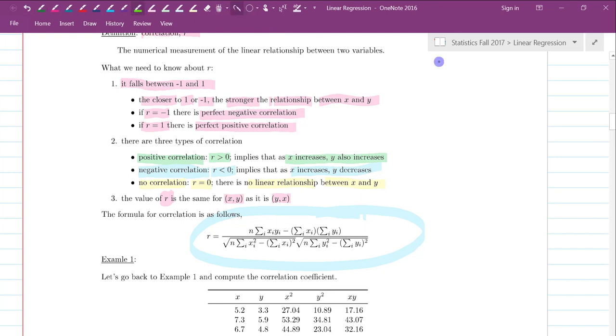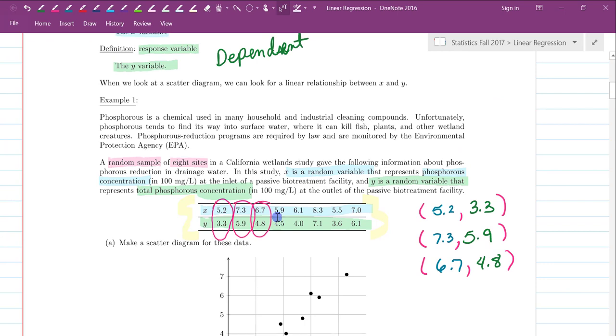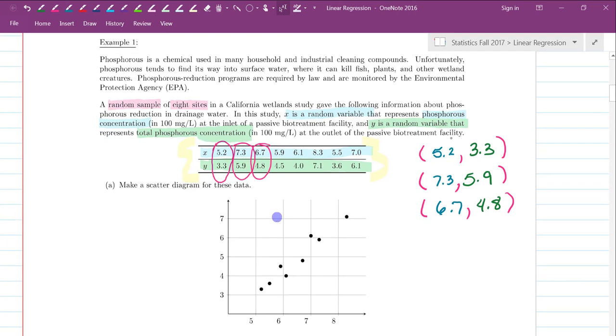Alrighty, so we have x, which is our independent variable observation, and we have our y, which is our dependent variable observation. And all we're saying is for each x, we're going to multiply it by the appropriate y. That's all we're saying. So coming back up to our example, this is our x, this is our y. So we would say, what is 5.2 times 3.3?